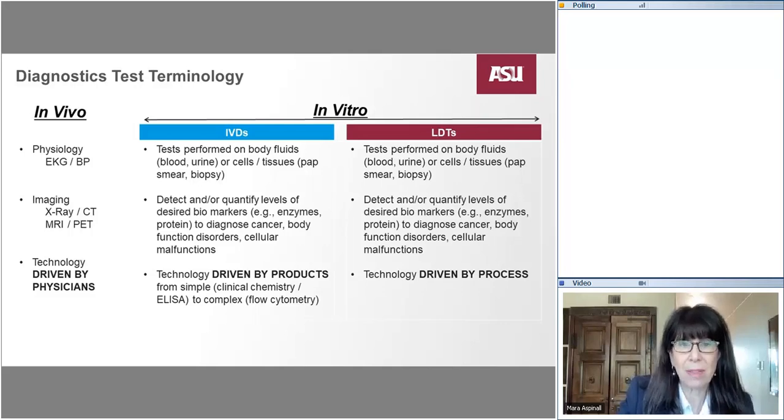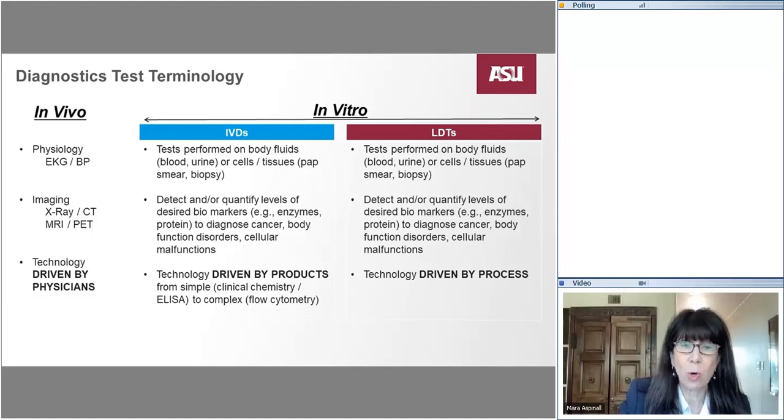So let's talk about the 2 differences, and I'm big into color here. So what you'll see is everything when I talk about IVDs will be in blue, and LDTs will be in maroon. So it gives you a sense of how we're going to go forward. So if I look at IVDs first, they're tests performed on bodily fluids, blood, urine, cells, tissues like a pap smear or a biopsy.